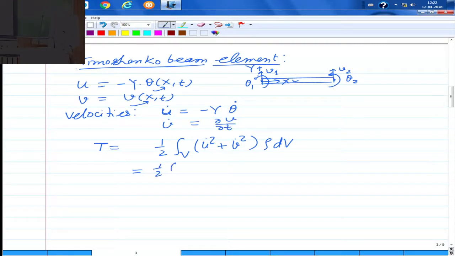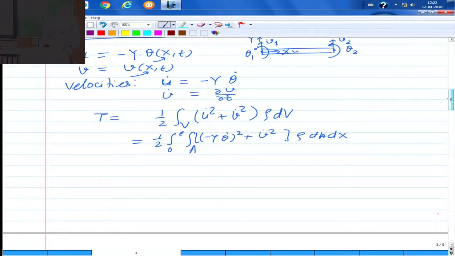So you can write this as half integration from 0 to L and the integration over cross-sectional area. u dot, as you see, is minus y theta dot, whole square. v dot is, of course, as we have written there, and then into rho dA dx. dV you are writing as differential cross-sectional area into dx, the way we were doing earlier.